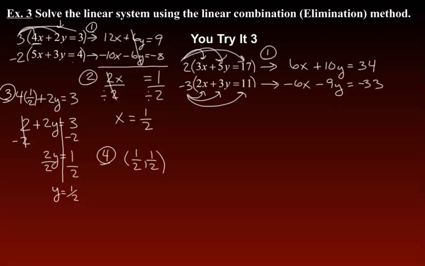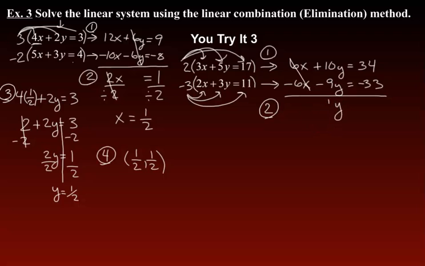We had to multiply both equations by numbers in order for the x's to cancel. Could have done the same thing with the y's. So, step 2, we're adding these together. The 6's cancel. 10y plus negative 9y is just y, or 1y, either or.